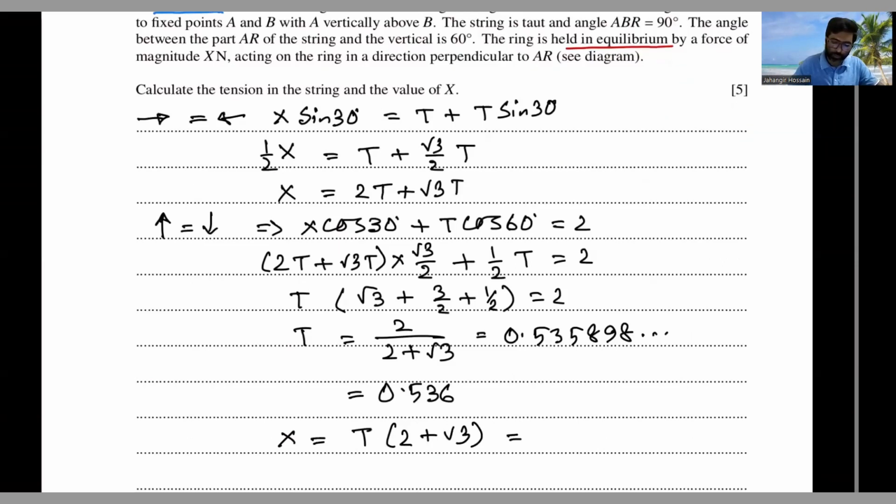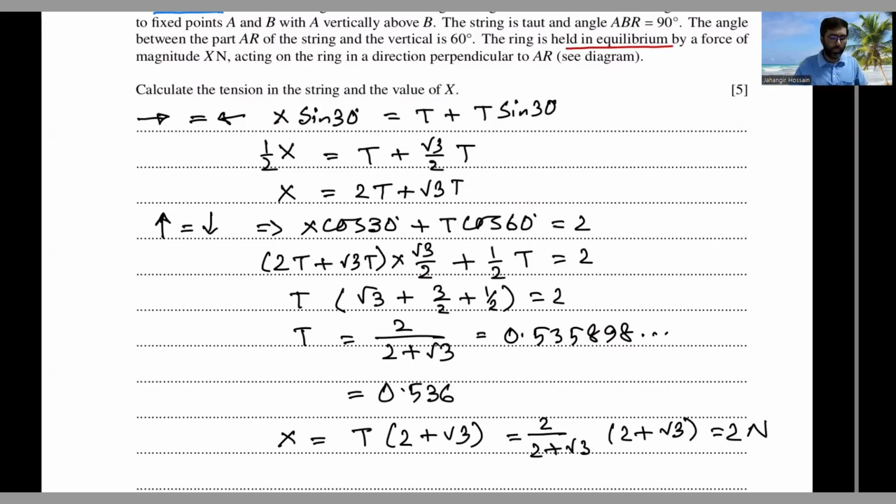So that cancels out, and X is equal to 2. Okay, this is the value of X and T in question 3.